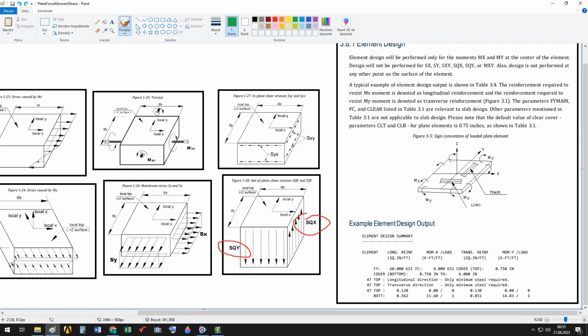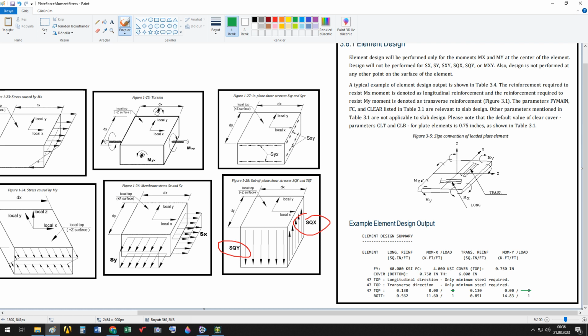Longitudinal direction on the minimum steel cut. Longitudinal direction is this direction of mx. It depends on the local axis of the plate element. Transverse direction is the direction of my. And at the bottom, you see here, if the value is 0, load value appears here as 0. So this second 0 has no importance.